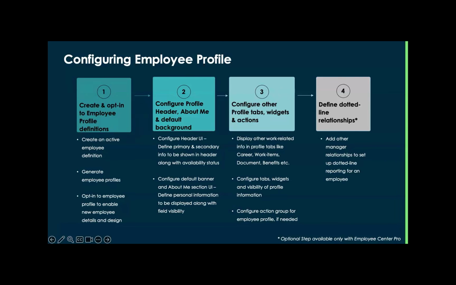For example, we could configure one tab to be career, right? And we could configure all the EGD related widgets to be shown on that particular tab. Or you could configure one of the tabs as my work items, and you could configure the my assets widget within that particular tab.